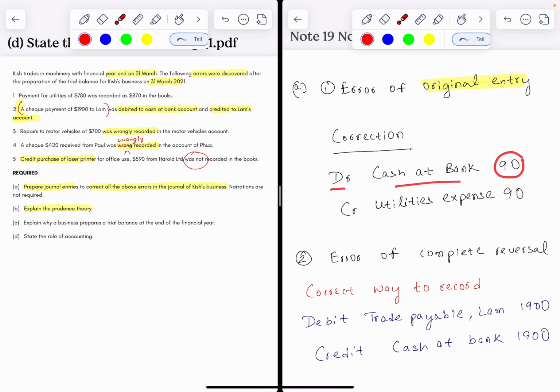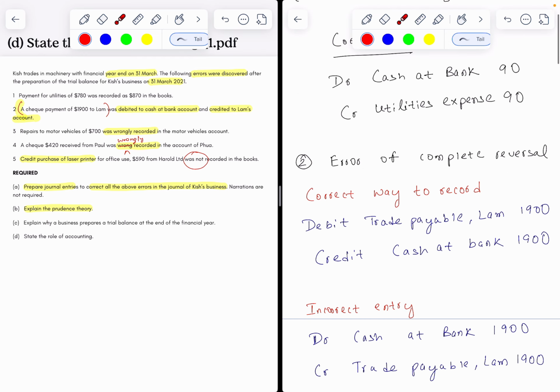As we know, when they increase we debit them, but now that we have to reduce them, we would credit it. So we credit the utilities expense by $90. So the correct entry would be to debit cash at bank by $90, which is to increase our assets by $90, and to simultaneously reduce our expenses, specifically the account for utilities expense, by $90.